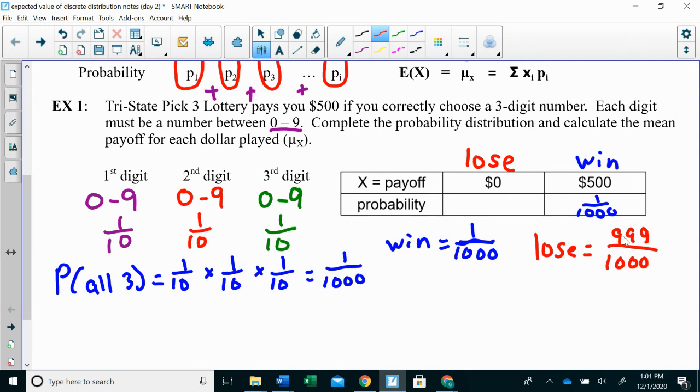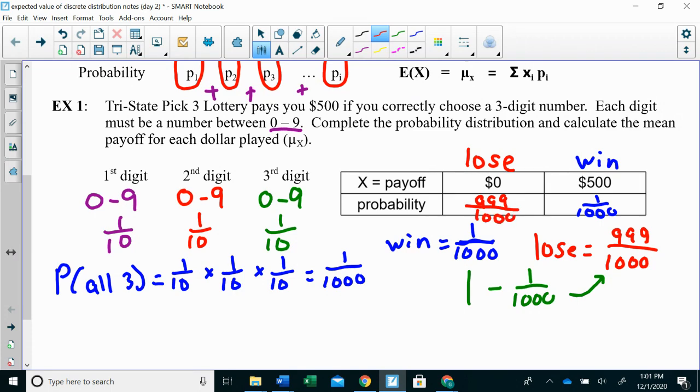So that's where this probability of losing comes from. The math process is also the whole number 1 minus 1 over 1,000. So that's a mathematical way of working through that as well. So the probability that we lose is 999 out of 1,000.